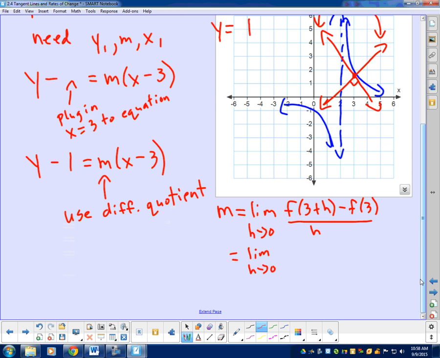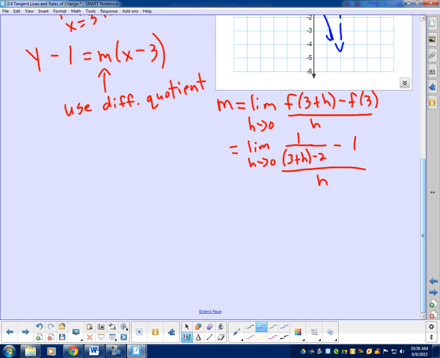But we have 1 over 3 plus h minus 2, minus f of 3, which was 1, all over h, and we have an algebraic mess. We can do it. This will be the hardest part of this lesson, is just doing the algebra with rational functions. You'll be really glad to see that there is a shortcut on this. It's coming soon.